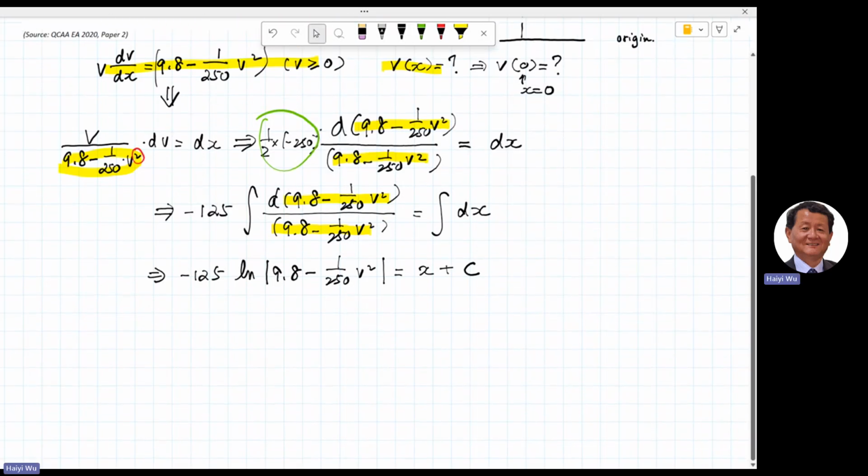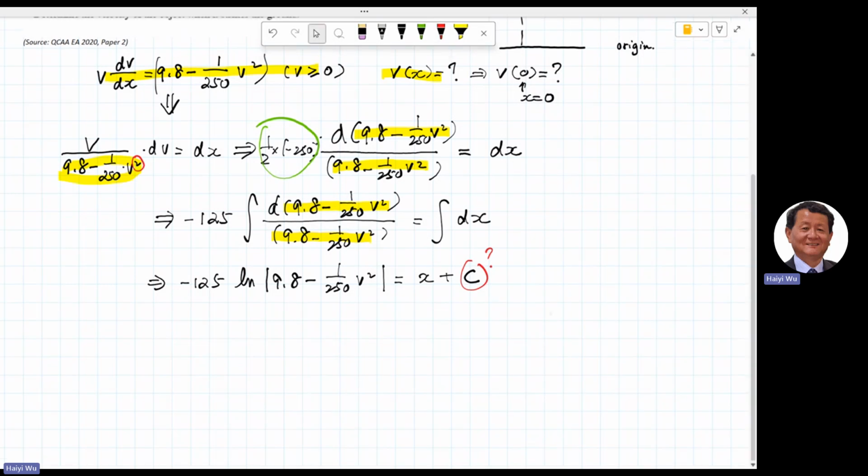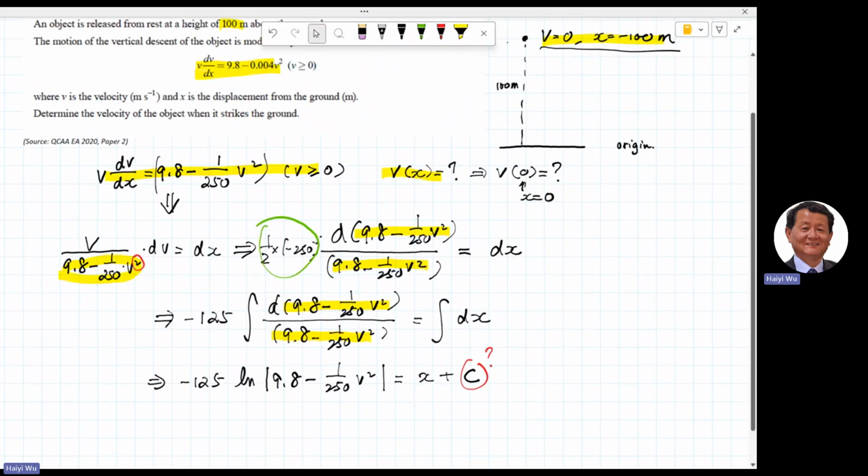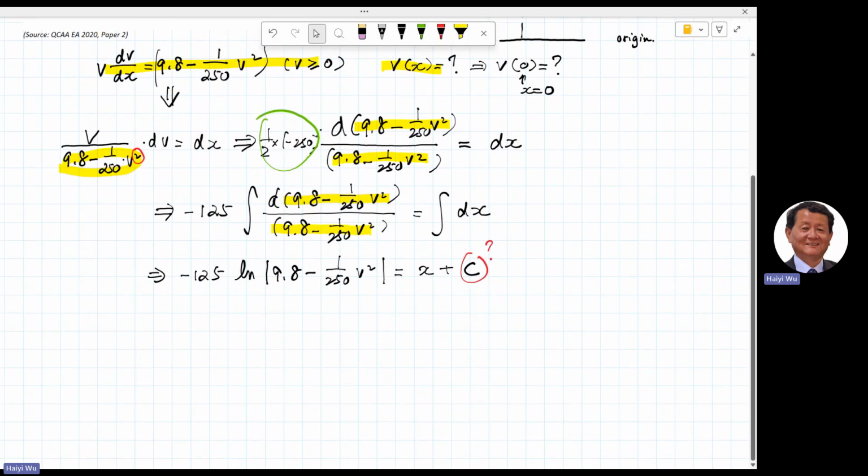So this is my equation. Now, this is not quite v(x), but it's a relationship between v and x. But we need to decide what c is so that we can get a definite answer. The answer is not definite yet.